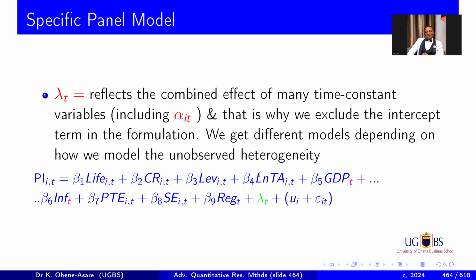There shouldn't be the T there. Okay, then I understand. So I now understand why life is changing with the individual factor, why the credit risk is changing with both the individual and the time, and why the GDP is only changing with time. Thank you very much. I'm grateful.